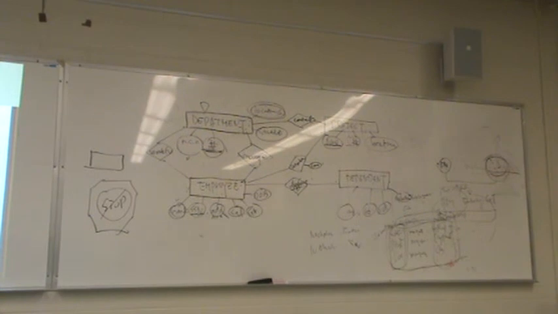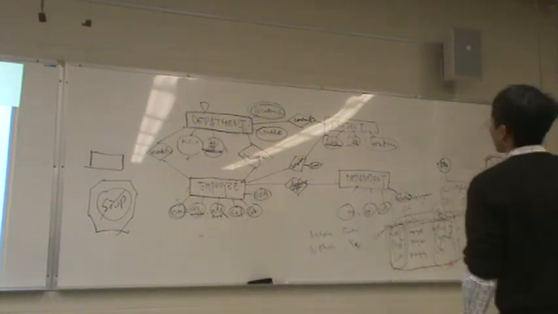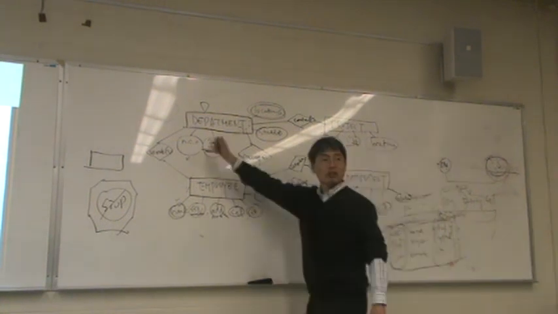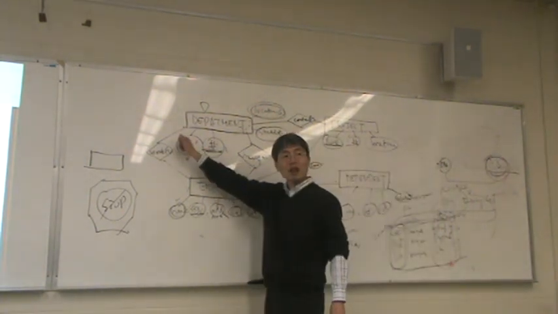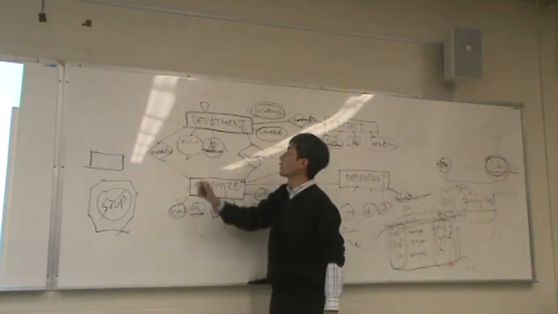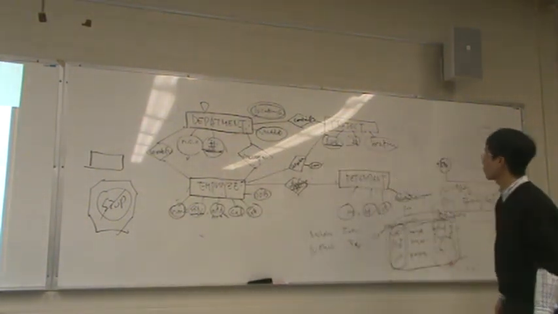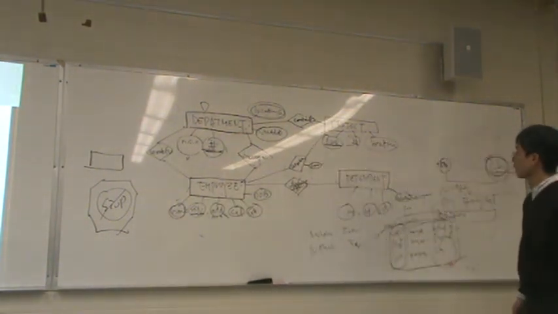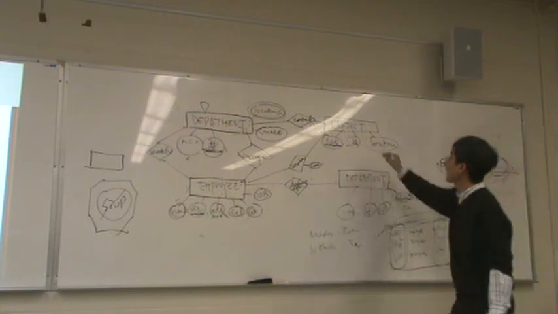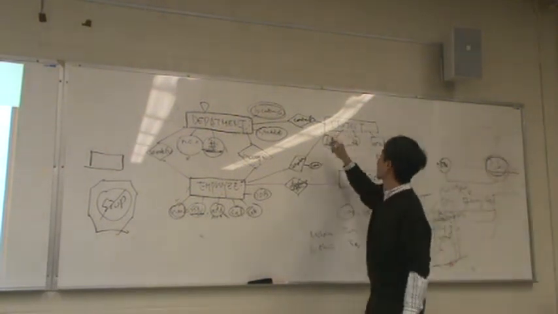Yes, that's a good question. Can two entities share the same attribute? Two entities can share the same attribute, not the relationship, only the attribute. What can be the example? Like project has a name, and employee has a name.